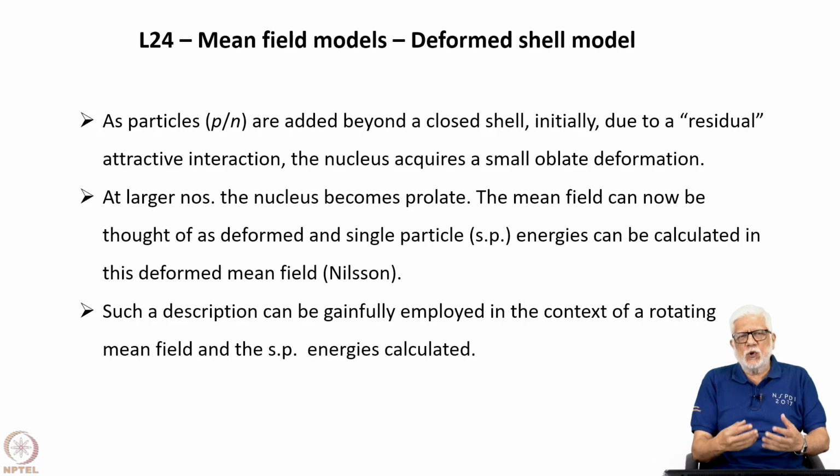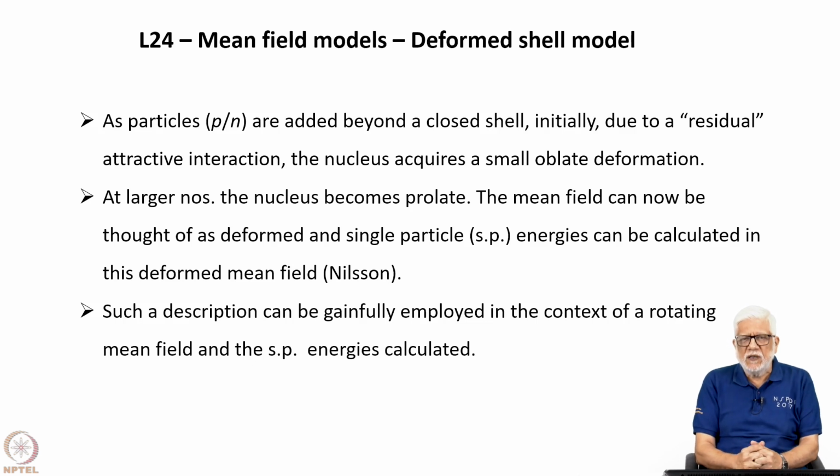As the number of nucleons you add becomes more and more, then this nucleus becomes actually prolate. And the mean field now can be thought of as being deformed. That is a better description. You can still think of it in terms of single particles moving in a spherical mean field. And of course, what will happen is that this description will become more and more complicated.